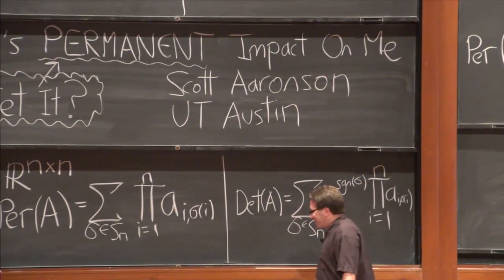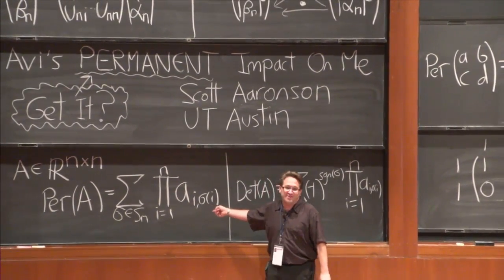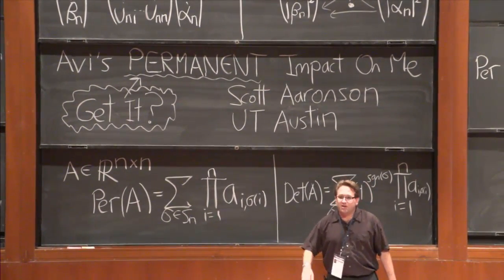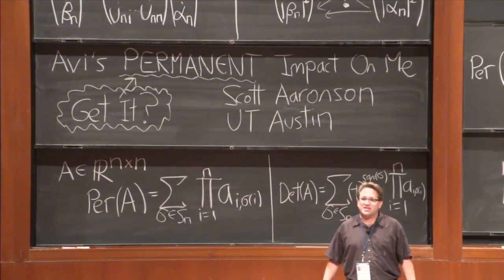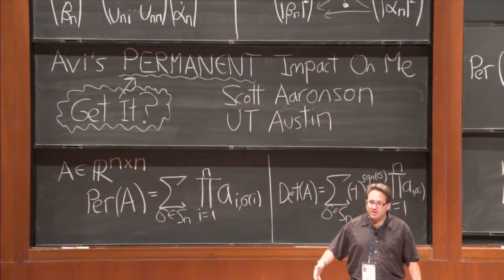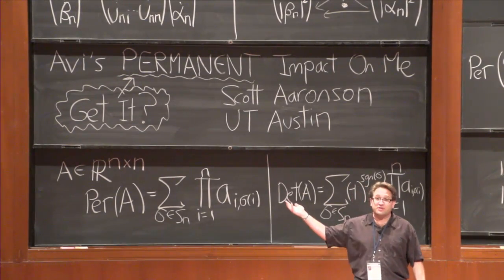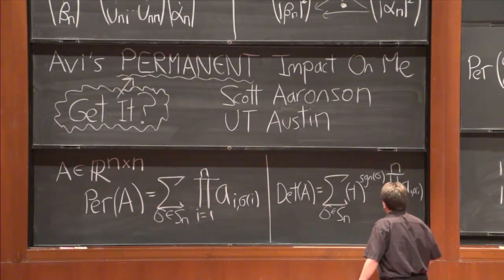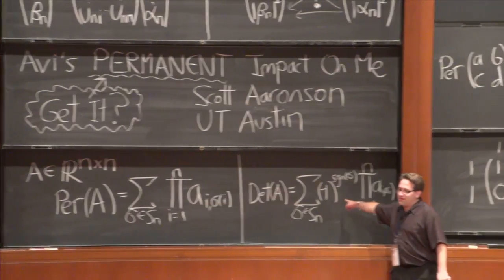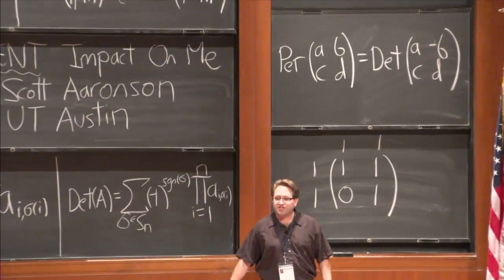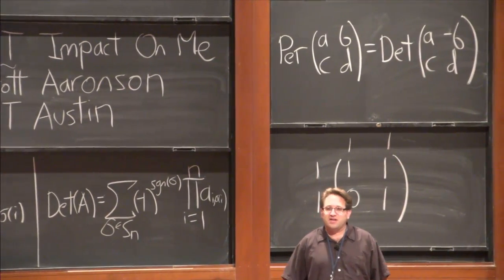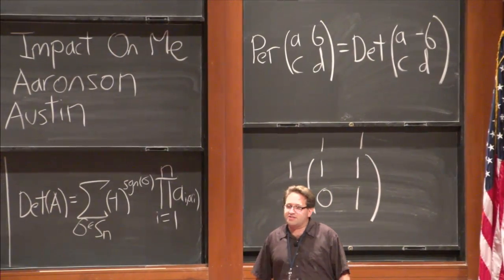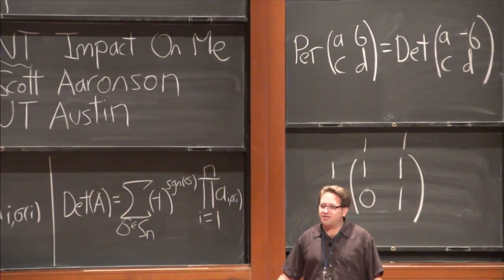Well, then maybe you've also learned that the permanent was shown by Valiant to be sharp P complete, or in other words, at least as hard as any combinatorial counting problem, which we think is even harder than NP complete. So despite differing only by these innocent-looking minus signs, these two functions effectively engage different fields of mathematics. The determinant is linear algebraic and geometric.